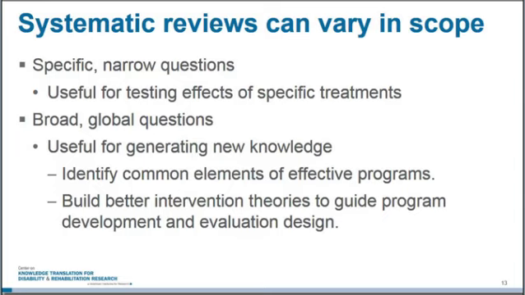I'm going to stop here for a second because I see a question in the chat box that might be relevant. The question is asking if there is a difference in research question between a systematic review and a scoping review. I would say there really isn't any difference.